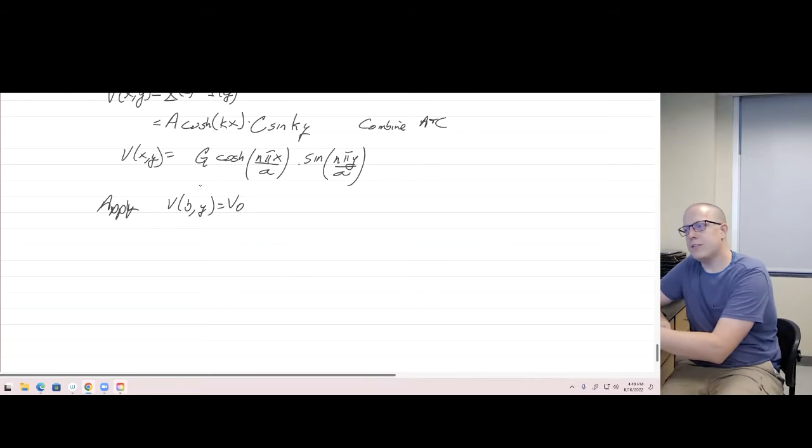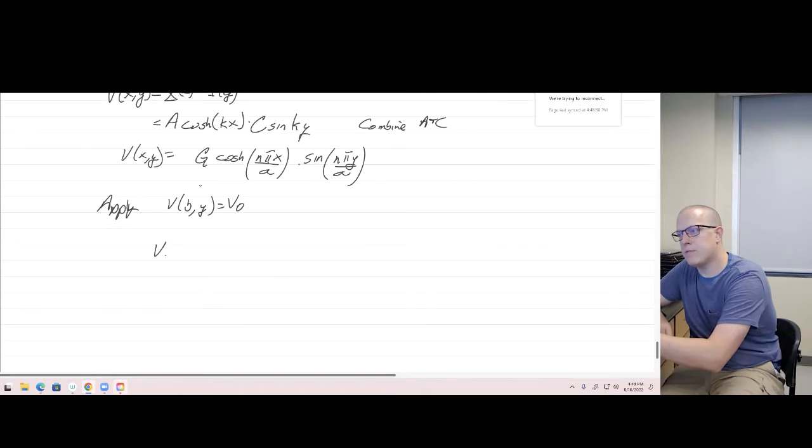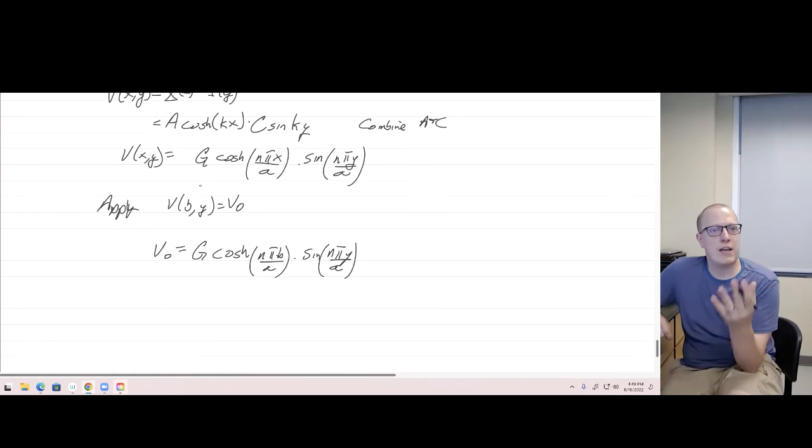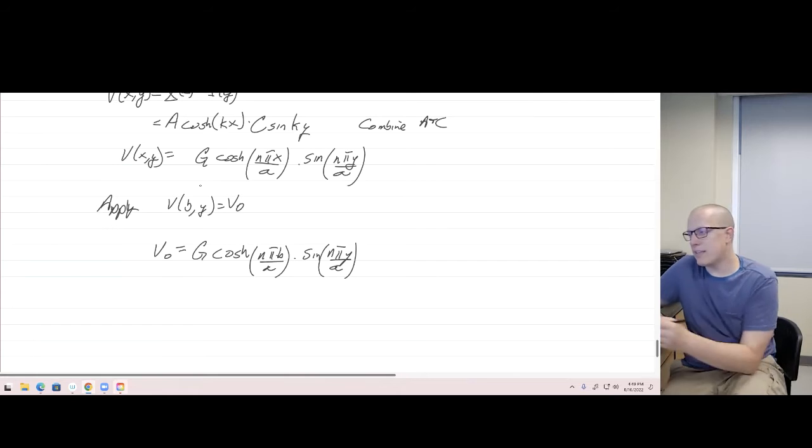Right? And so just like before, if I do that, I get V naught is equal to G cosh of n pi b over a sine n pi y over a. And there's no value that I can pick for G that will make this happen.